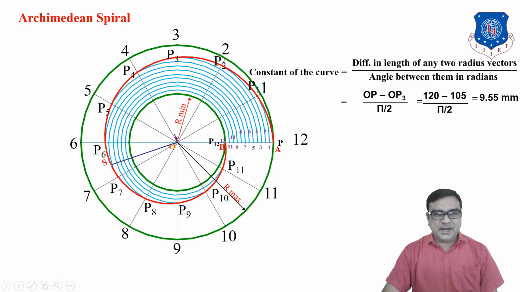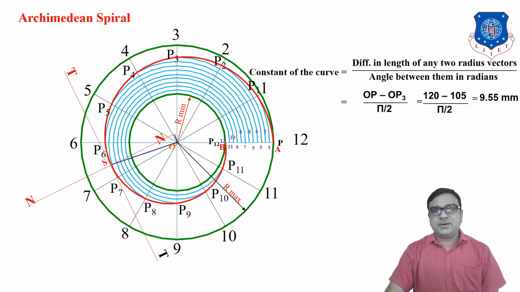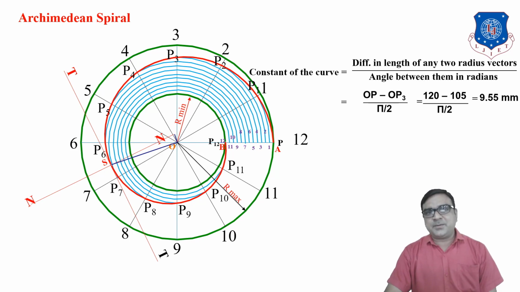Now from this end join S with a straight line. This line is known as the normal at S, and perpendicular to the normal from S it is the tangent. With this method you can draw a number of problems regarding the Archimedean spiral if you have the maximum radii, minimum radii and convolution of the spiral.